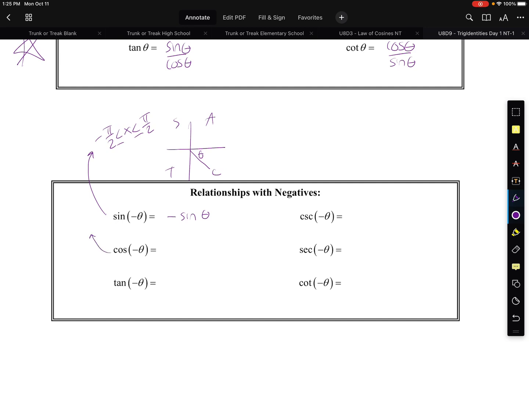But cos, when we talk about the capital C, we're going from 0 to 180. So looking at ASTC again, down there in that 4th quadrant, that negative angle, we're getting a positive cos. Down in the 4th quadrant, we're getting a negative tan. So the idea with the reference angle will be a negative tan.